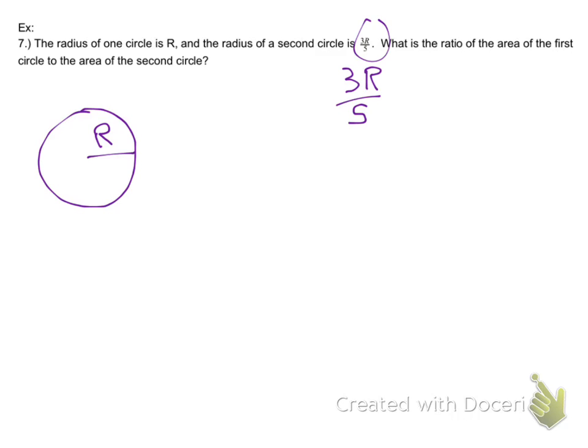Is that a bigger circle or a smaller circle? 3/5 of r. Is that bigger or smaller? Smaller, guys. So this would be 3/5 of r. The second one is smaller than the first one.